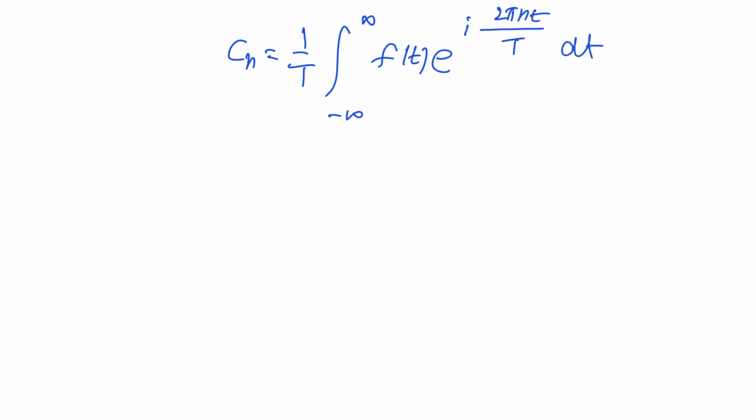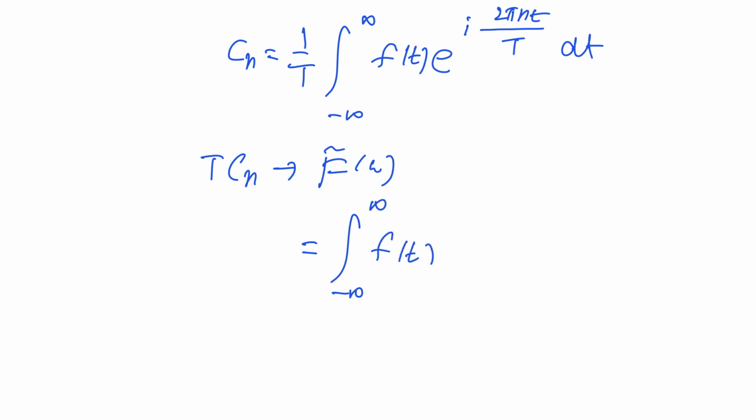Cn is defined as 1 over T, integral from minus infinity to infinity of f(t) exponential i 2 pi n t over T, dt. So T Cn, which becomes f tilde of omega, is the integral from minus infinity to infinity of f(t) exponential i omega t dt.